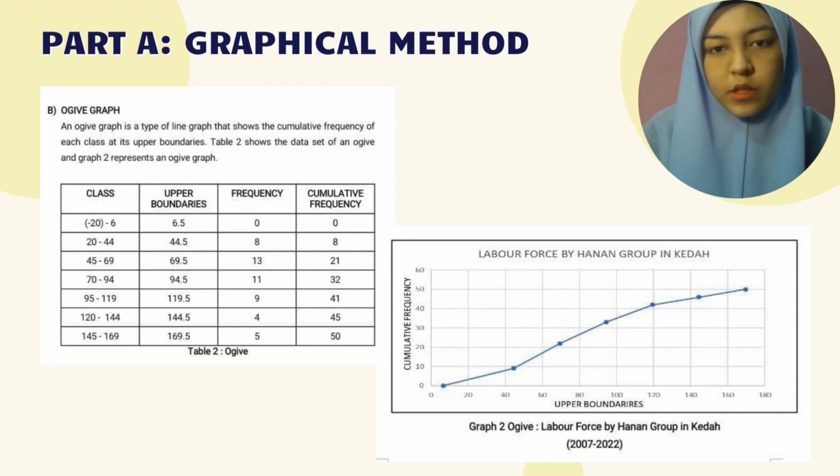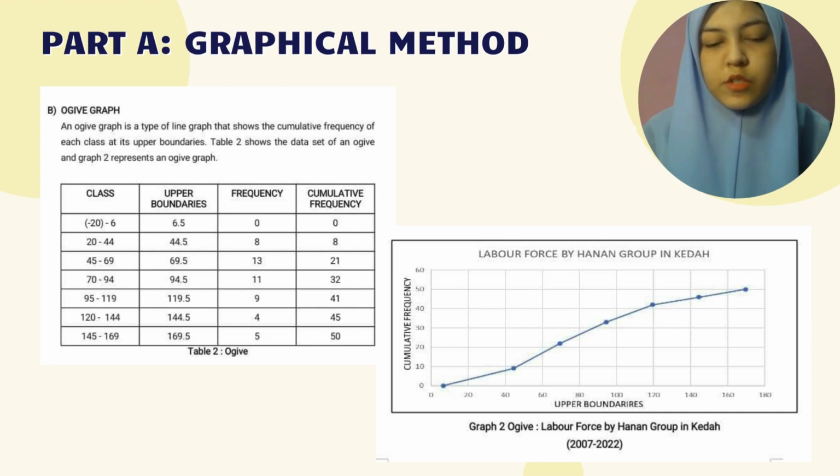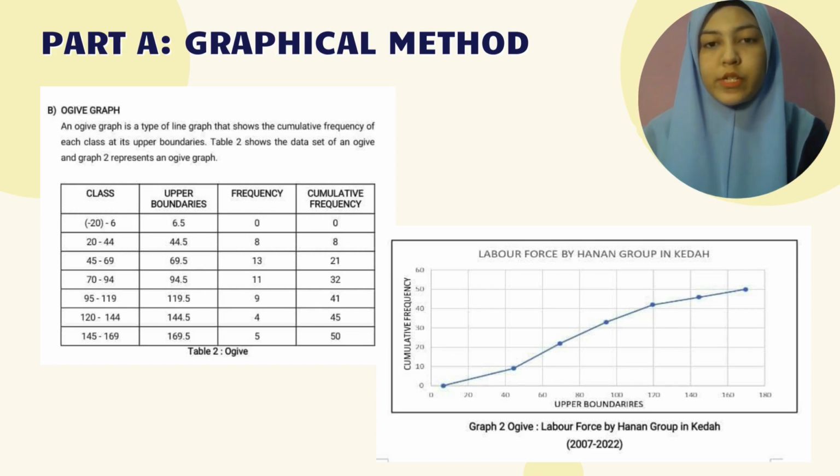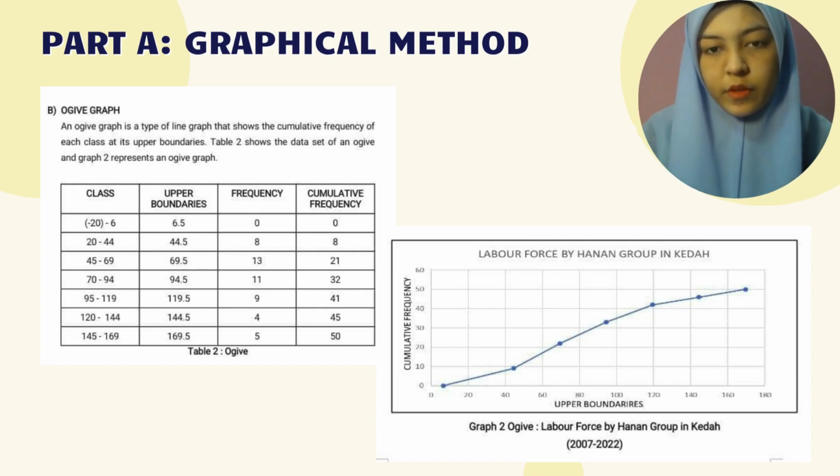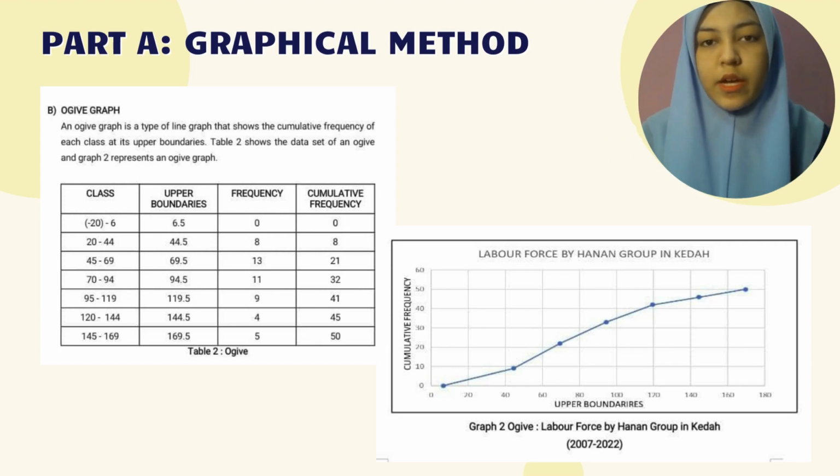So we have class, upper boundaries, frequency, and cumulative frequency. So this is our table and our ogive graph.